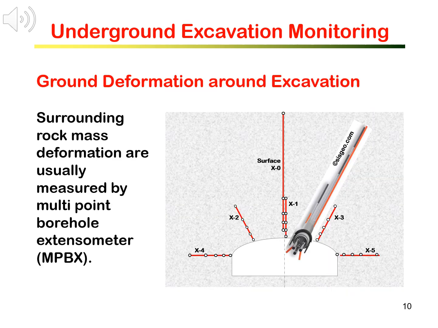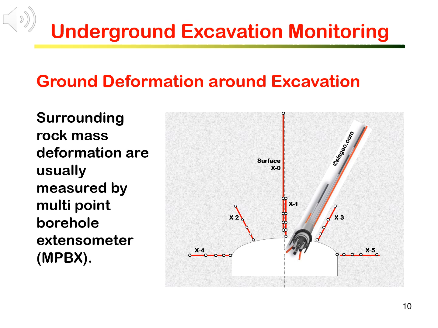Ground deformation is measured as the displacements of the surrounding rock mass using borehole extensometers. A borehole extensometer can have single measuring points or multiple measuring points in a single assembly.